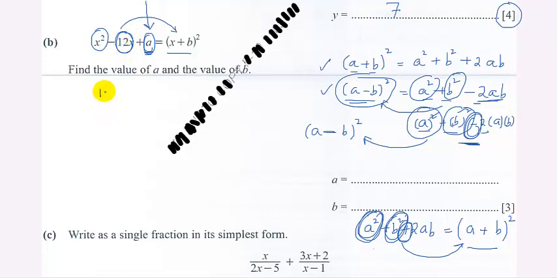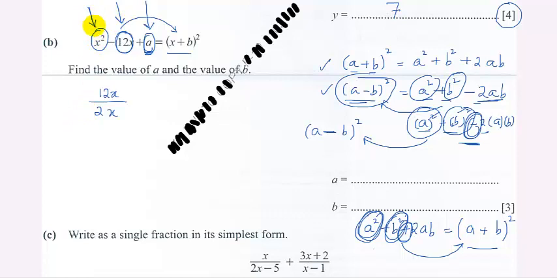It is 12x. Some people also call this the middle term, and we always divide it by 2, and then we see what is the square of this. This is the square of x. So understand? We always divide the middle term by 2.